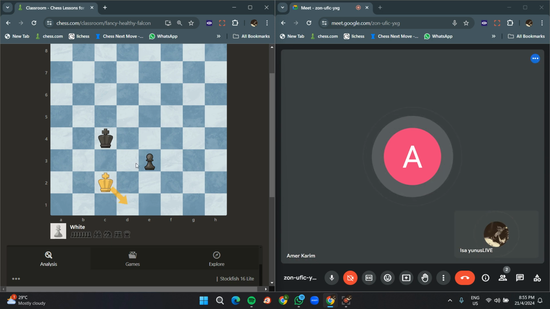So white has to go back now, and on these two squares, black can get the opposition. So if white moves this, this is a wrong move, then this is a draw. So here this is the correct move. So if this moves, now you take the opposition. You see, finish.